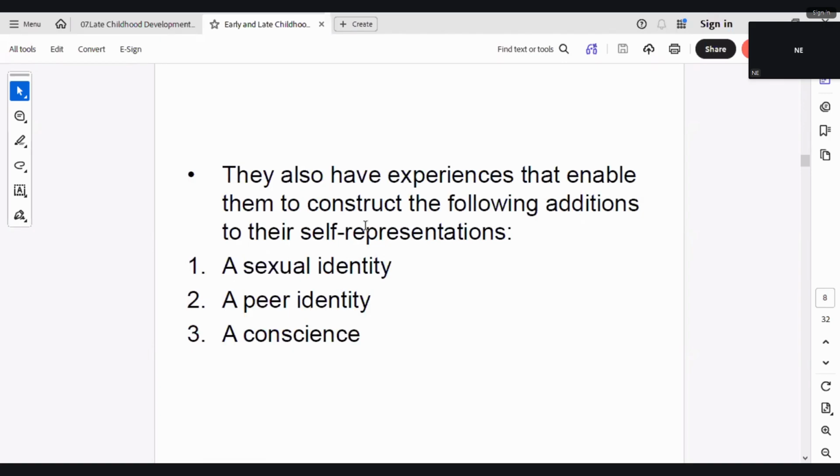They also have experiences that enable them to construct the following self-representations. We look at peer identity. In a group, how does this toddler, 3 to 4 or 5 years old, behave? How are they a leader in that group? Are they a follower? Are they a pleaser? How does that child behave within a group setting?